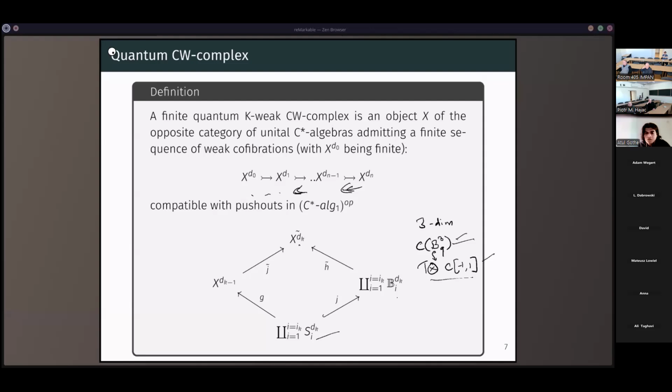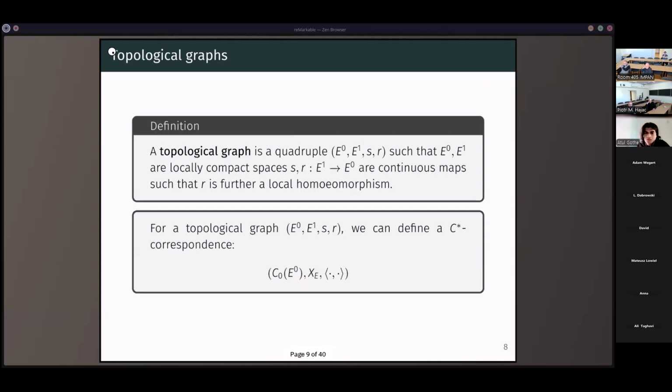We need some examples of C-star algebras which are nice and well behaved, so that at least in some ways we can have certain nice star homomorphisms and a way to construct these pullbacks. When we say these are pushouts in the opposite category, we want to construct pullbacks in the category of C-star algebras. So we want some nice C-star algebras.